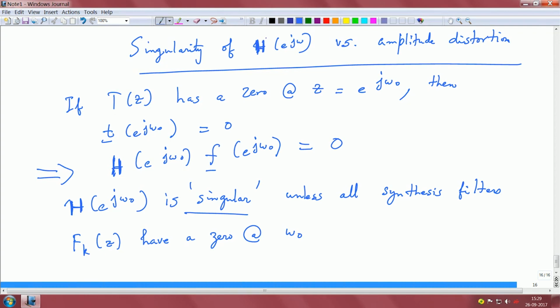Okay. So, with this we are sort of set, we have derived an expression for the reconstructed signal for an M channel filter bank. So, we have analyzed how the distortion function looks, and the matrix formulation has been very convenient for us, right.